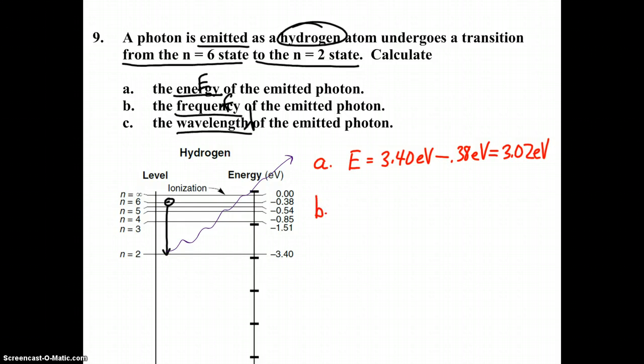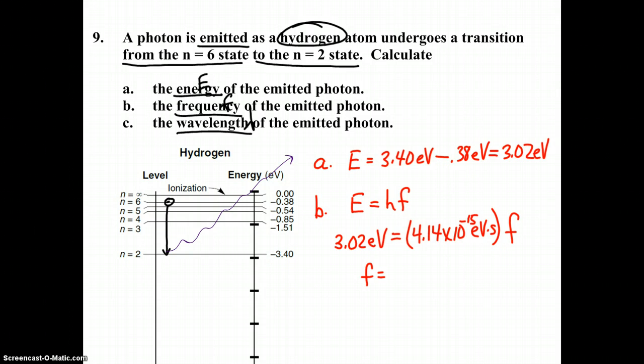For the frequency of the emitted photon, we've learned that E equals hf. We know that our emitted photon has an energy of 3.02 electron volts. And since it's got an energy in units of electron volts, we need to use the electron volt second form of Planck's constant, and of course that would be the 4.14 times 10 to the negative 15 electron volt second form, times f.